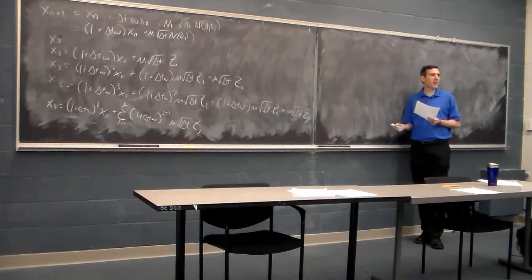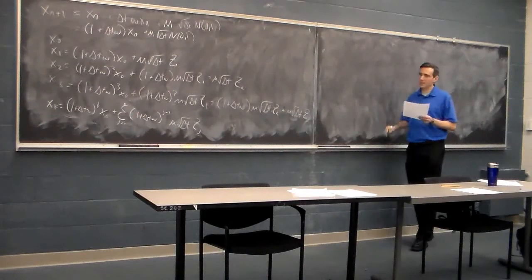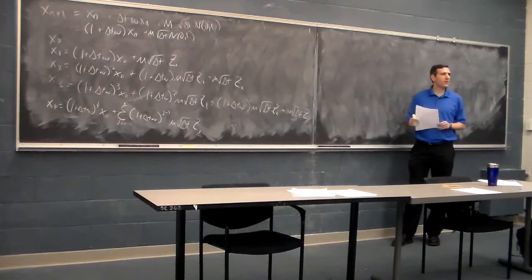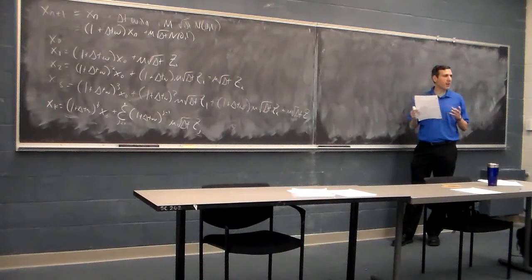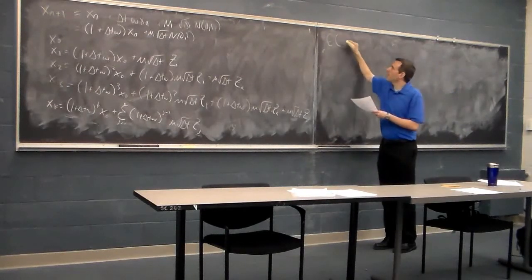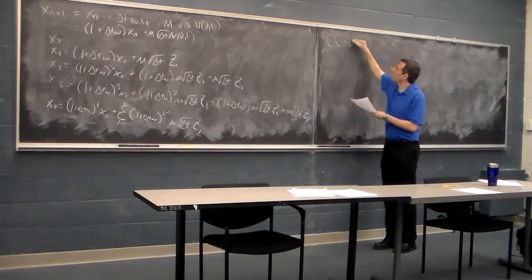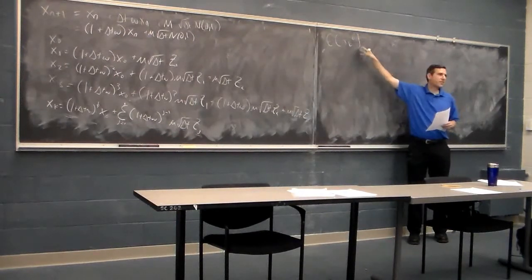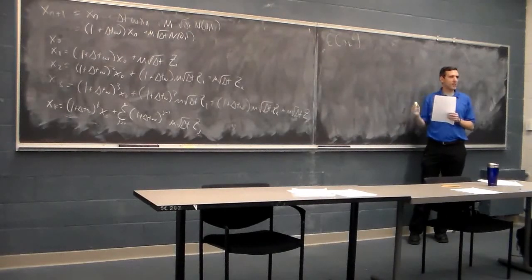Is it approaching a constant? Is it approaching infinity? And as I mentioned before, we can't just look at the mean of that process. We need to look at something that captures this kind of random divergence. So what we would generally look at is the expectation of x k squared. And what we want to ask is, is this thing converging or diverging as we go to large values of k?